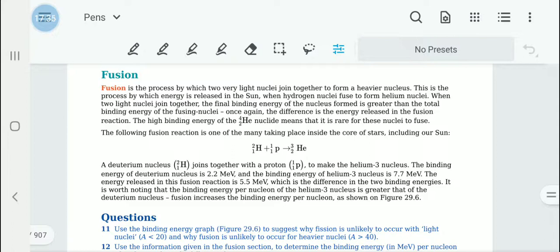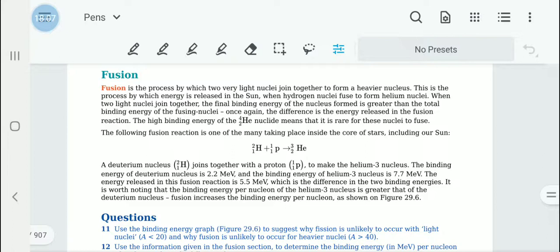Helium will have high binding energy. So very rarely would two hydrogens go for fusion directly. In our star, we say that two hydrogens join together.